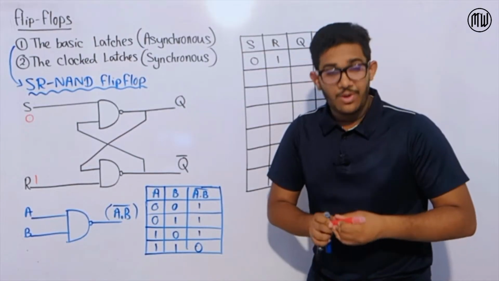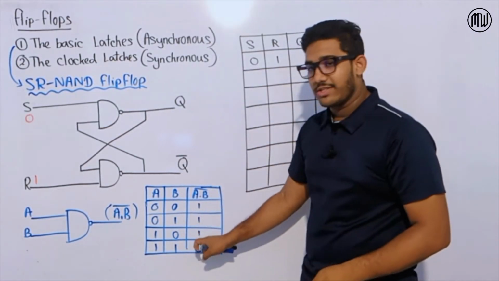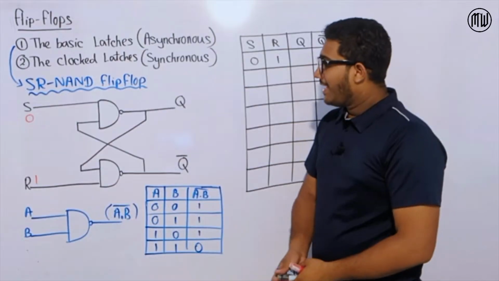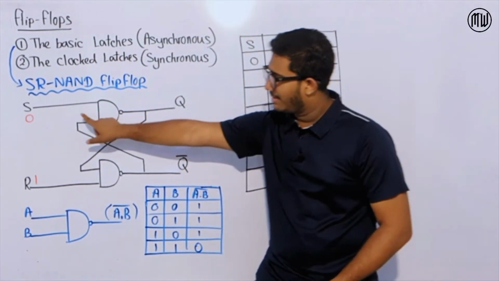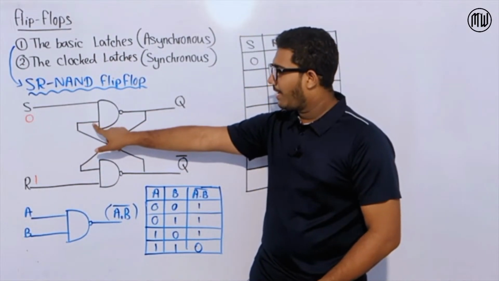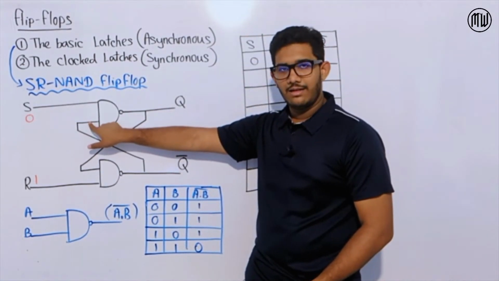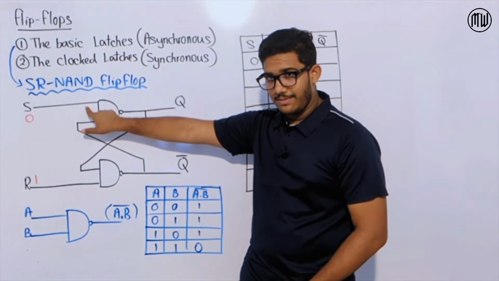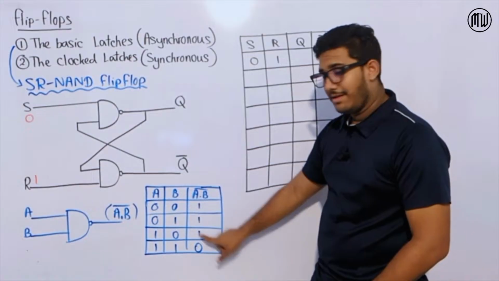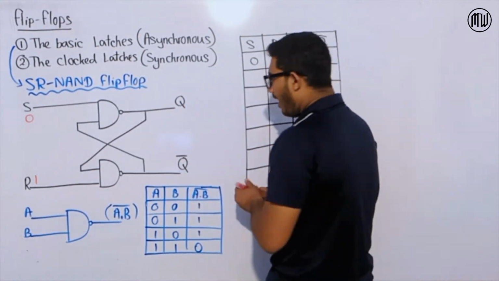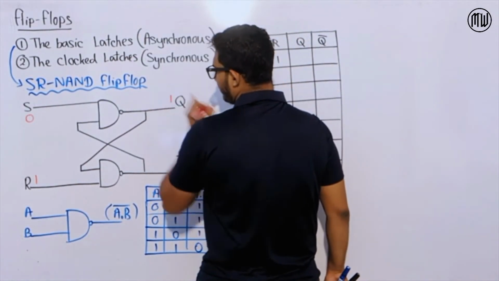Now, we're going to start using the logic that we just learned, right? If we have a 0 here, it doesn't really matter what input comes from this side. If it's a 0 here, the output will obviously be 1, okay?